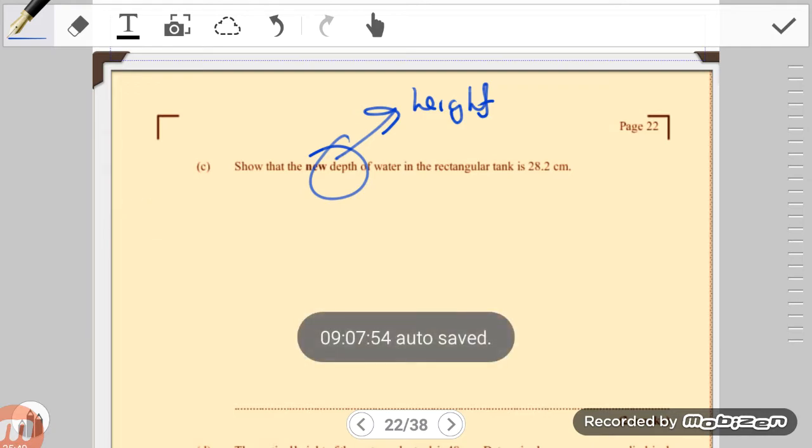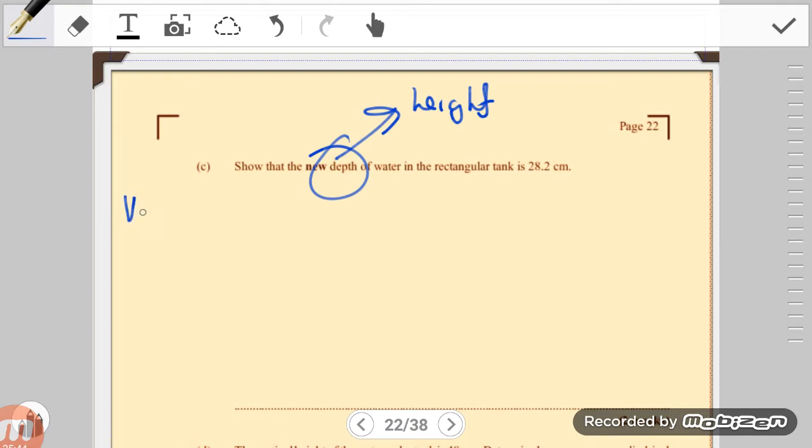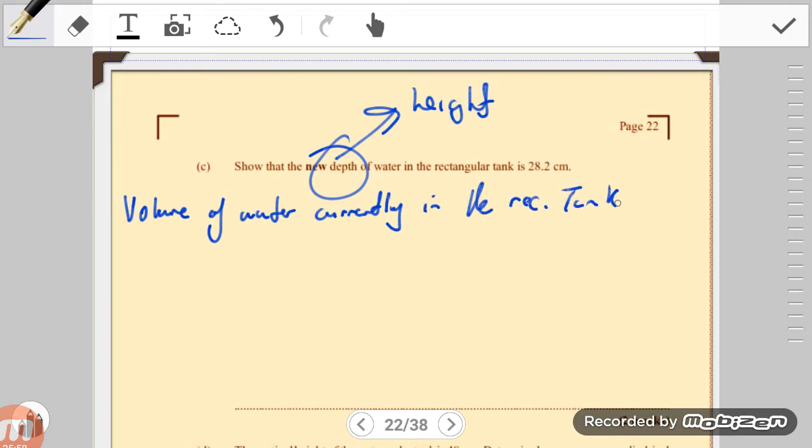Now let's first write down what we currently know. We know that the volume of water currently in the rectangular tank is equal to 56,400. That's what we know for sure. That's the amount of water that is currently in the tank.